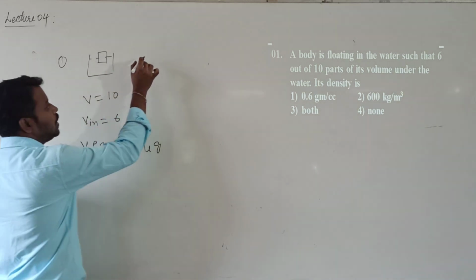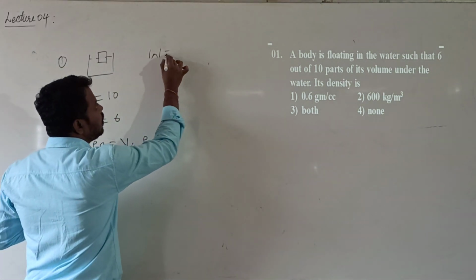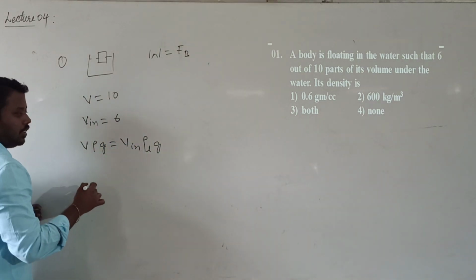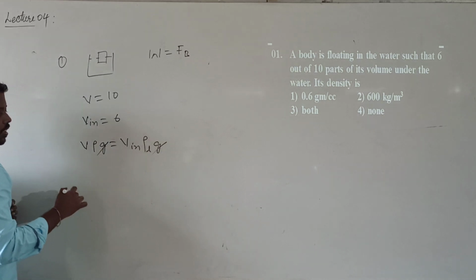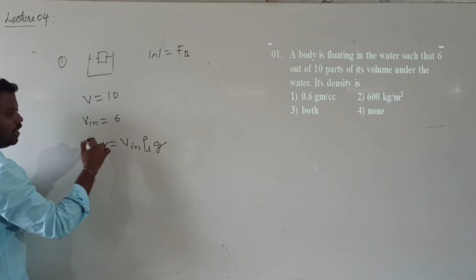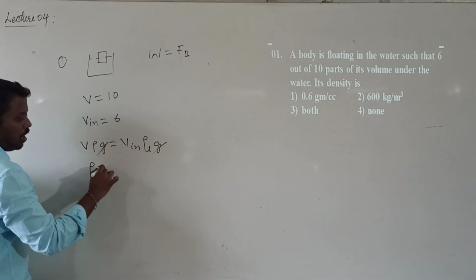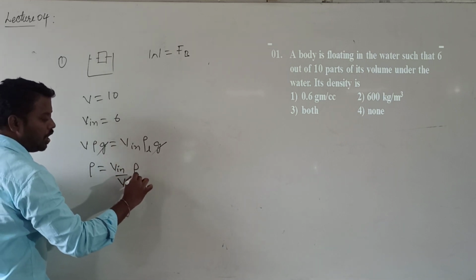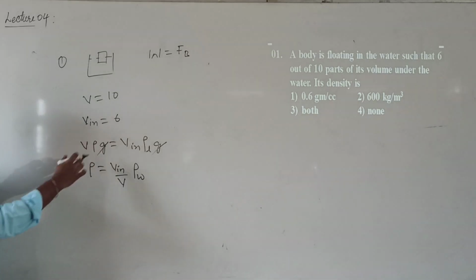Can I write that the total weight of the body W will be balanced by the force acting due to buoyancy? Then which one cancels? G. So which value do we want to calculate now? We want to calculate the value of rho. Rho value is equal to V in by V into rho L. Here what is the liquid? Water.